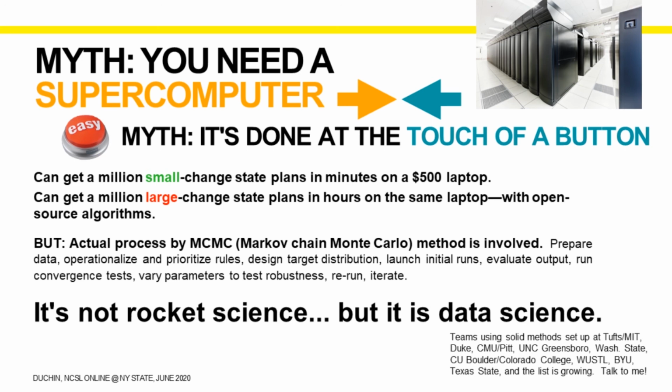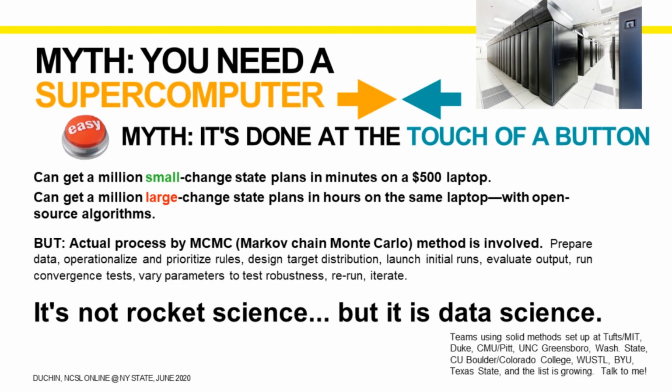So I like that idea of using an academic, but how many other academics are there besides yourself who have the skill to do it, and how do we find them? Yeah, that was another slide. Same slide. So I listed some teams here. There are teams using what I consider, this is just my opinion as a scientist, good methods. We're at Tufts and MIT.